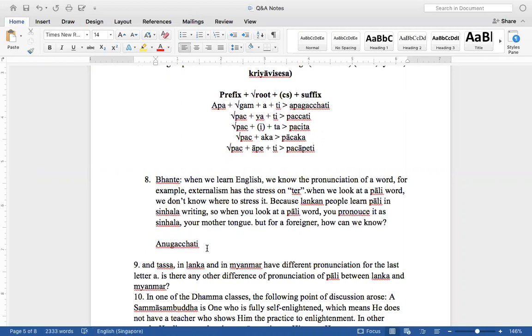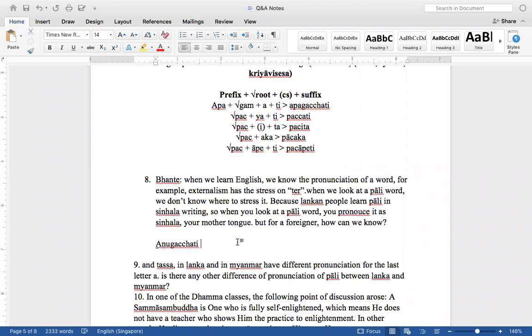I'm not sure whether that stress existed while the Buddha was alive. But if you look into Geiger's Pali grammar book, he has explained how the words have changed, how some roots, some vowels have reduced or become u based on the stress. So they emphasize on that.